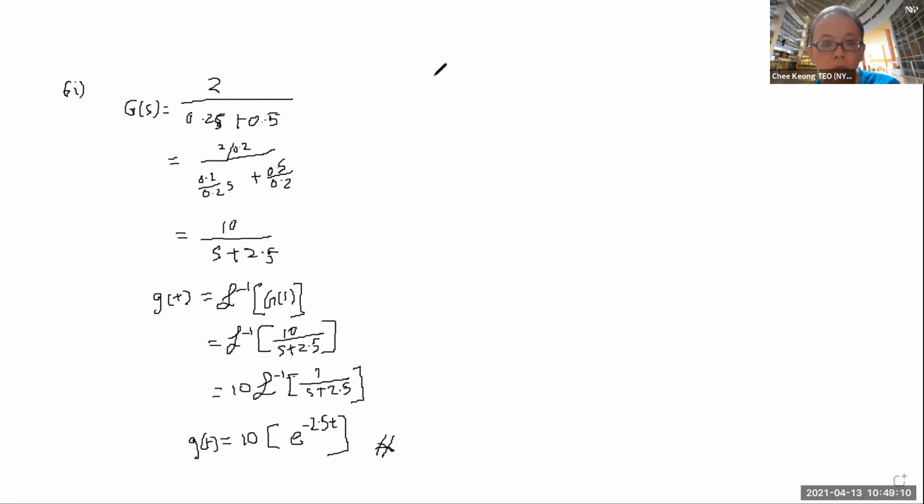Now of course, part 2 we have another equation. Let me take a look first. Part 2 is 0.2 over 0.05 s plus 0.1. Same thing, we have to normalize this.